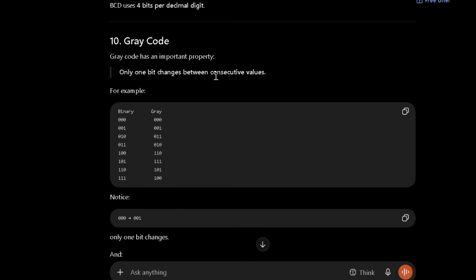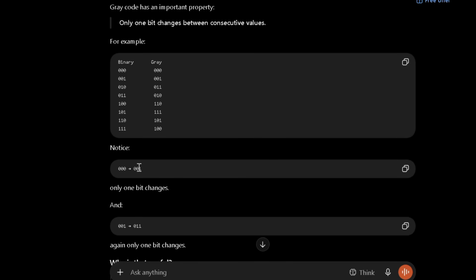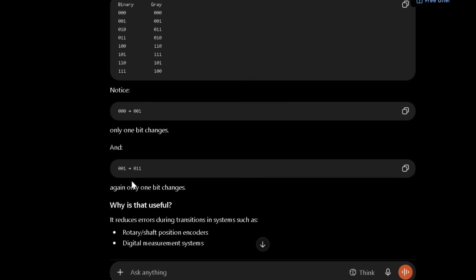Notice 000 is converted to 001, only one bit changes, and 001 is converted to 011. Again, only one bit changes.